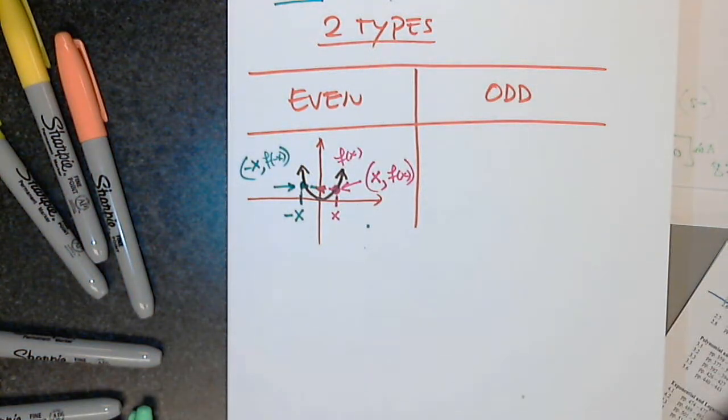Now, since I picked x on one side, and negative x on the other side, and I went up to the function, and then I drew f of x and f of negative x, what is the relationship according to the graph? What is the relationship between f of x and f of negative x?